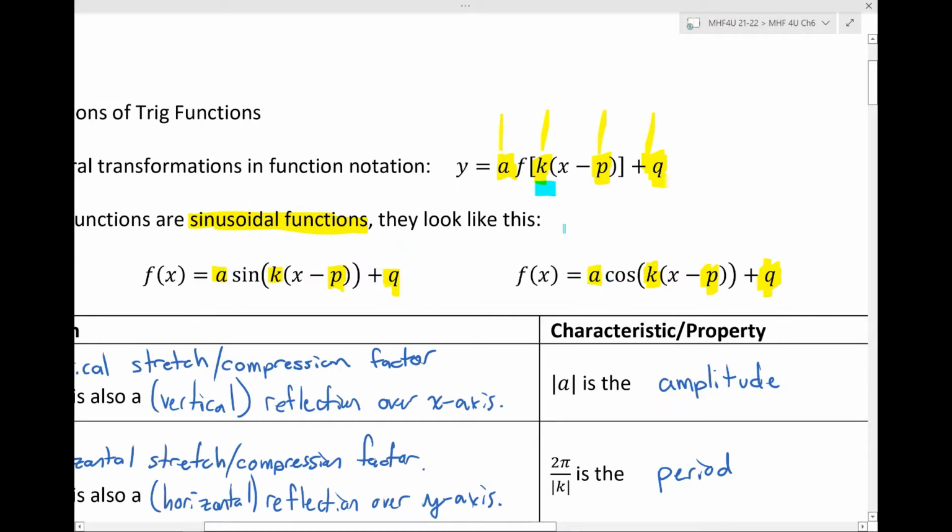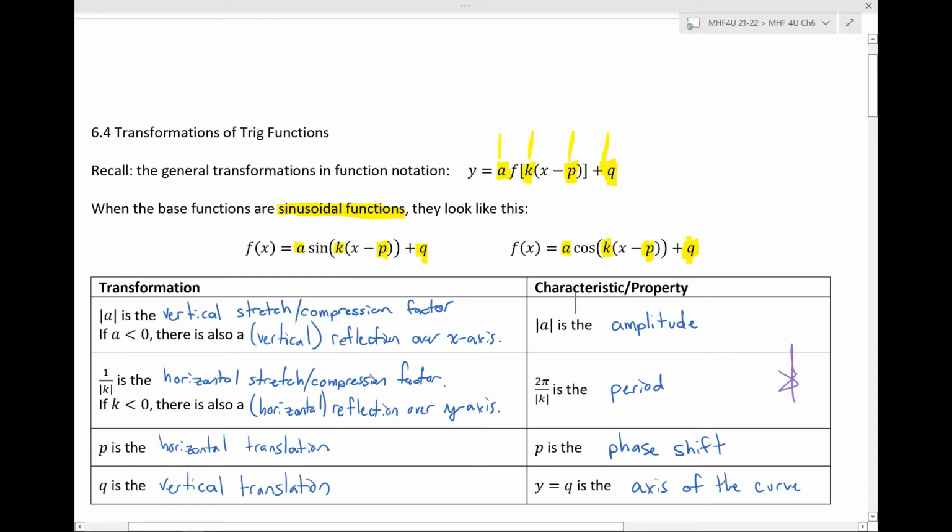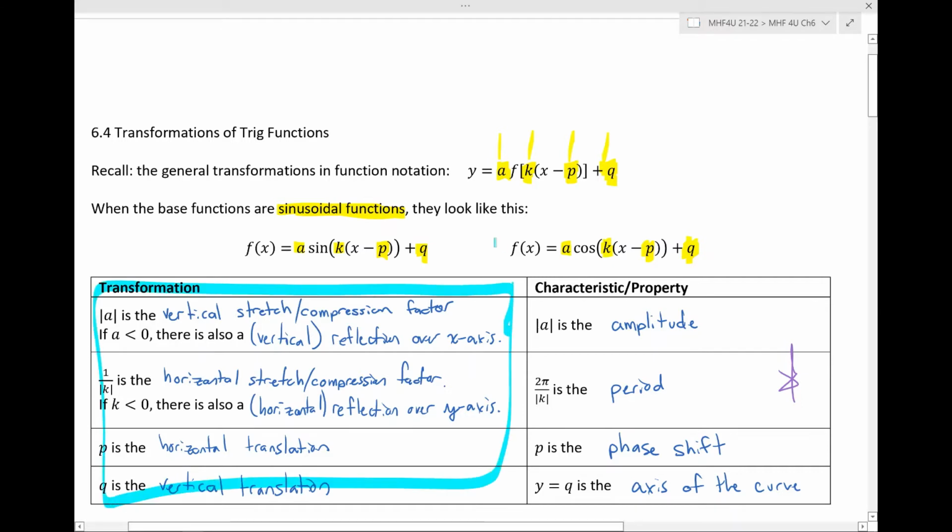All right, now let's just look forward. We're mostly going to go over some terminology here. Looks like I have about 3 minutes left. So we have here a complete rehash of the transformations we've already covered, right? A is our vertical stretch or compression factor.